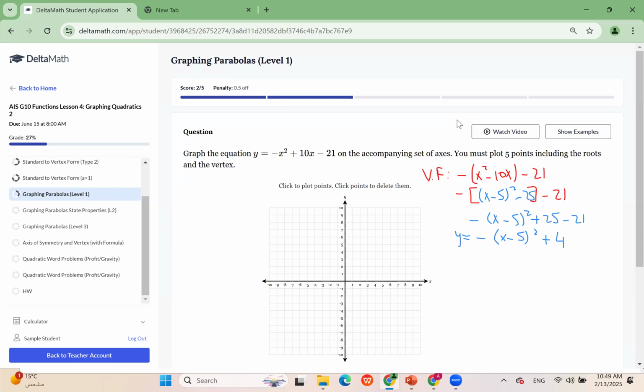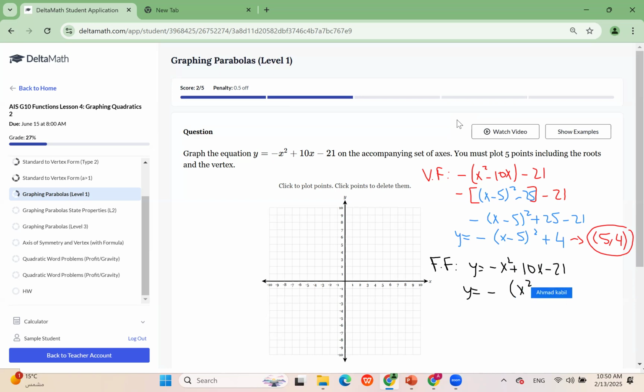Of course, from this expression, we get that the vertex is (5, 4). This is our first point. Next, we try factored form. Y equals negative x squared plus 10x minus 21. Take a negative outside as a common factor.